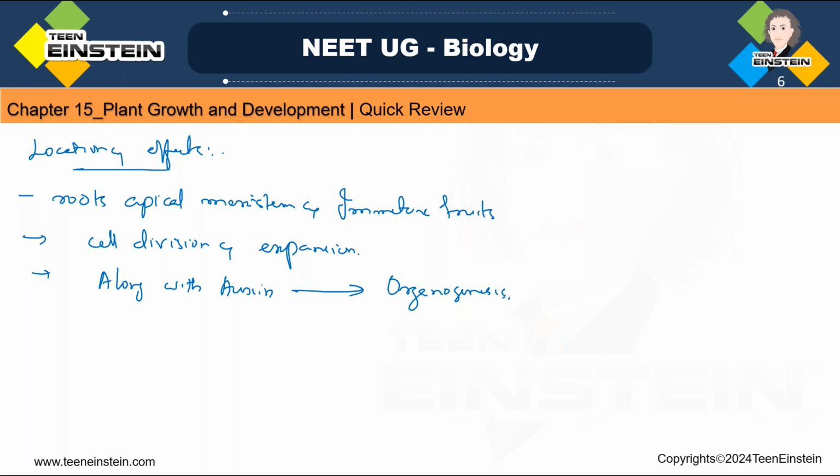This cytokinin delays the senescence or the yellowing of leaf, and that's called the Richmond-Lang effect.